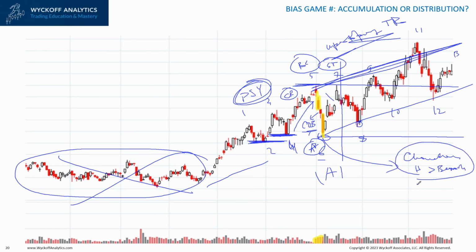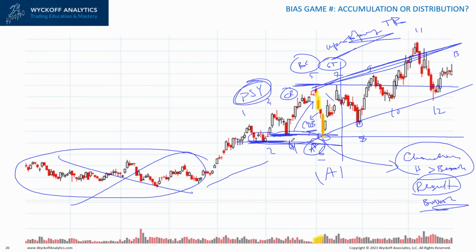But now we always look at the character and the result. So what is the result of this change of behavior? Did it break the climactic run? Did it go into a lower low? No. Okay, so the result is still bullish.